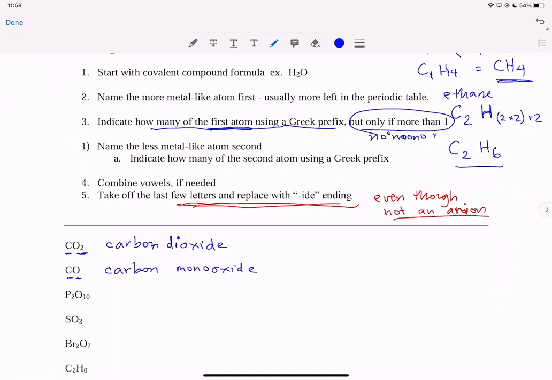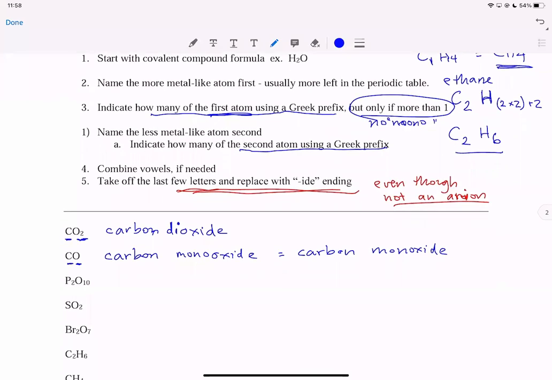For the second element, you do indicate how many of the second atom using a Greek prefix, including if there's 1. Okay, so this is how carbon monooxide, and I can combine those vowels to write just carbon monoxide, and that's how carbon monoxide got its name.